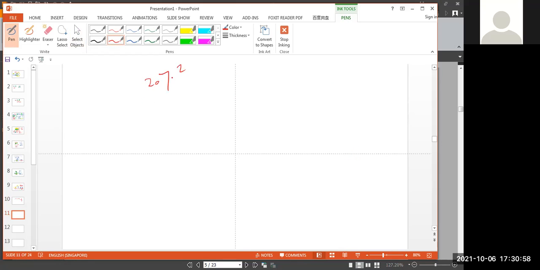207 square, in fact, you can see it as 200 plus 7. Am I right? So once you get this, just now I said, can you remember this formula? a plus b bracket square is equal to a square plus 2ab plus b square.